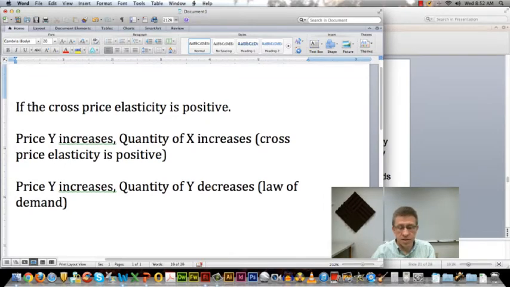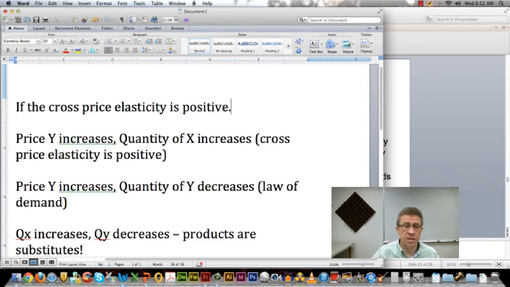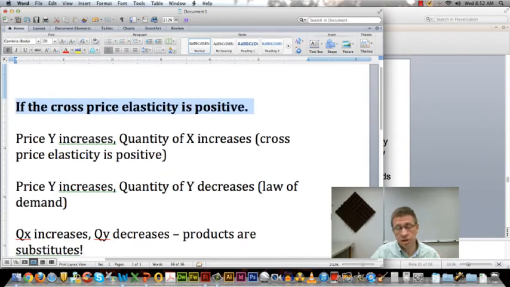So if the price of Y increases, the quantity of X increases and the quantity of Y decreases. That means these products are substitutes. If the cross-price elasticity is positive, the products are substitutes. Actually, you'll just see the opposite effect if the cross-price elasticity is negative.